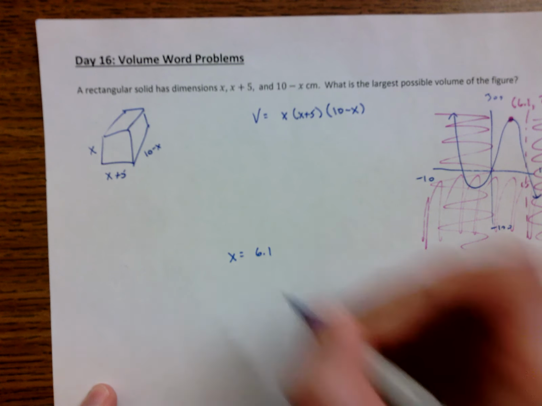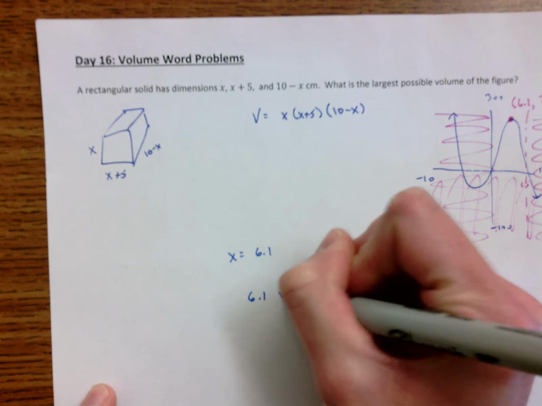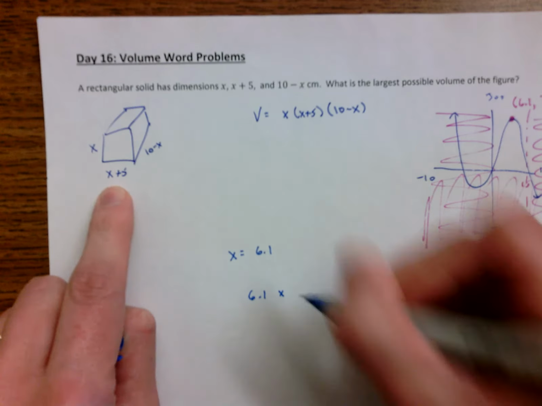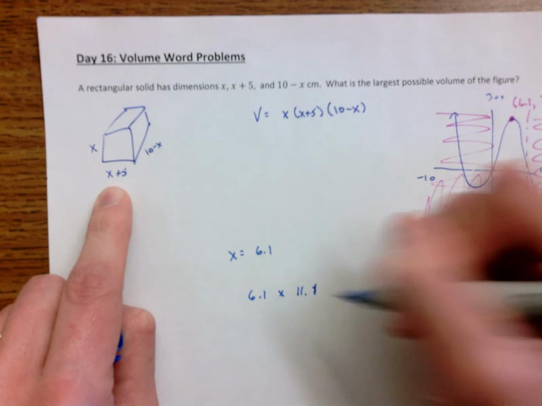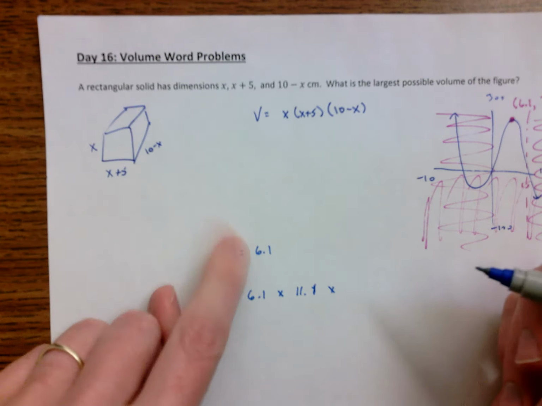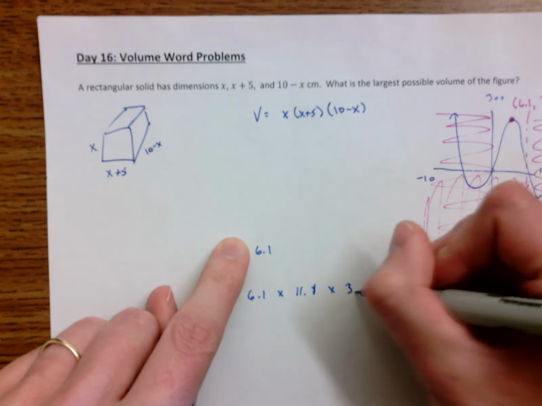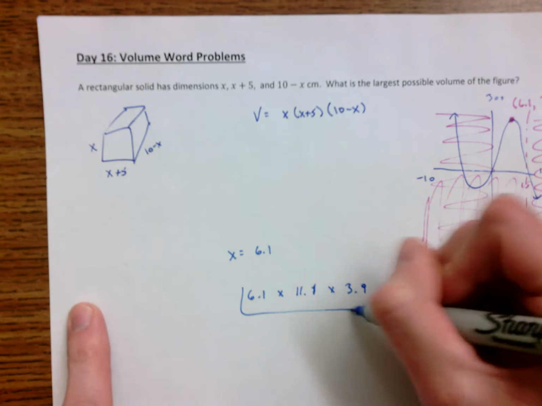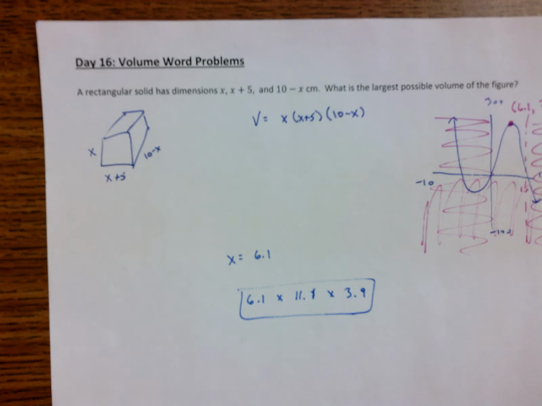Which means that my dimensions are going to be 6.1 times 6.1 plus 5, which is 11.1, and then times 10 minus 6.1, which is 3.9. And there are the dimensions of my rectangular solid.